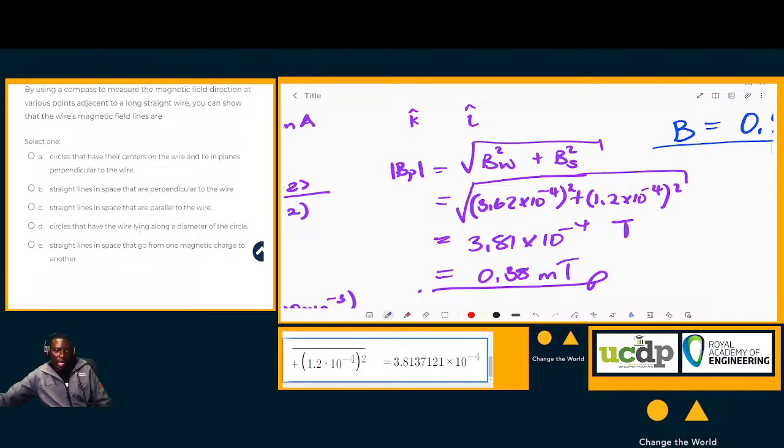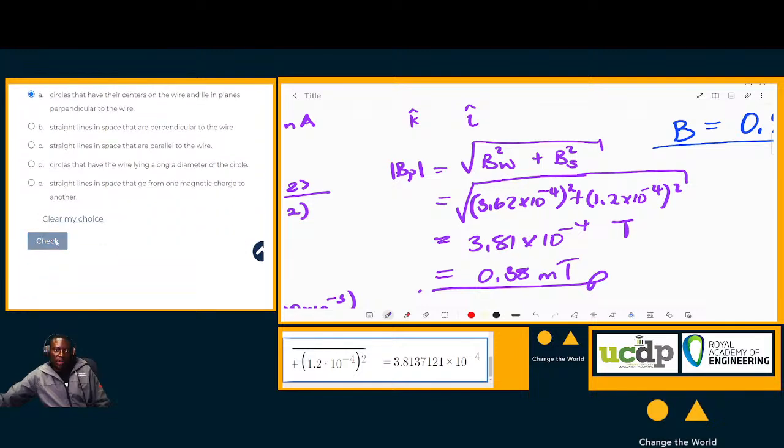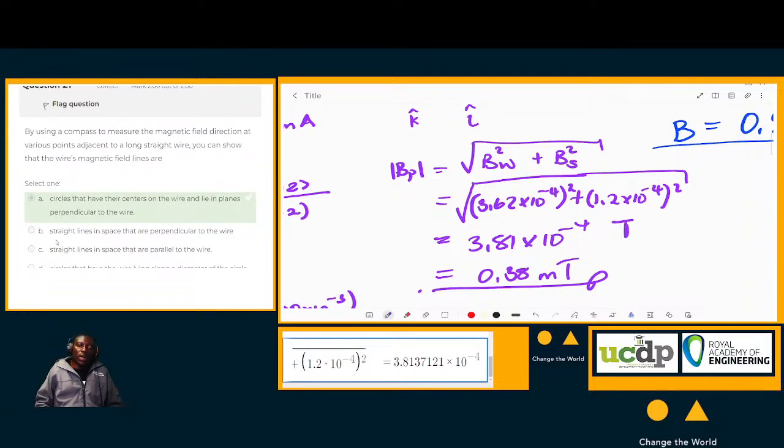Circles that have a wire lying along a diameter of the circle. So the magnetic field does not have the wire as the diameter. So it's basically A. These are circles that have their centers on the wire and lie in planes perpendicular to the wire.